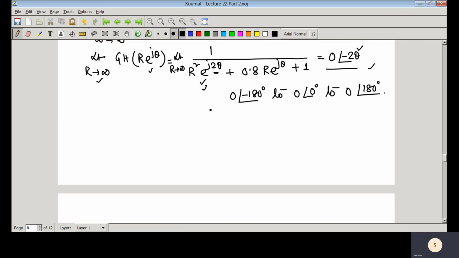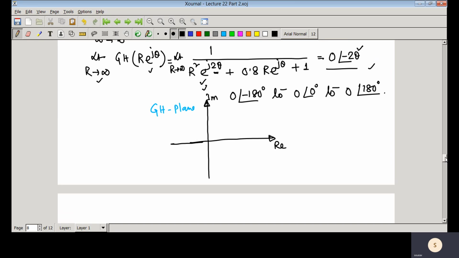We are now going to plot the Nyquist plot. Do not forget to mention that this particular plane is the GH plane, and we have the real and imaginary axes.